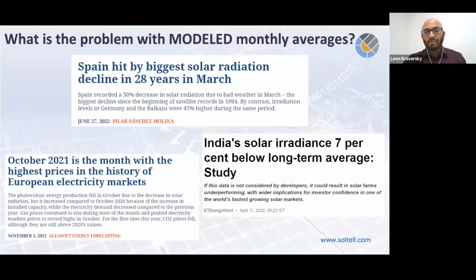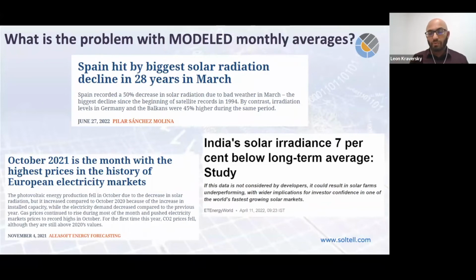And we saw this quite radically in Spain this March, when the solar irradiance plunged by 50% compared with historic averages, even though, you know, the plants were fine in most cases, but in financial assessment and financial reports, they underperformed by 50%, which doesn't make any sense. And this is not something unique.